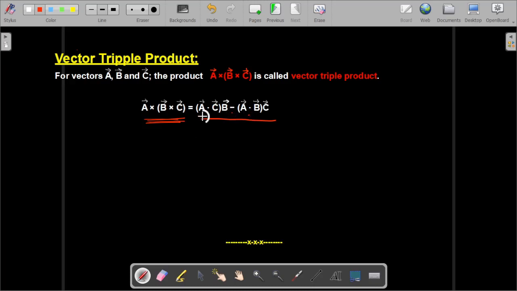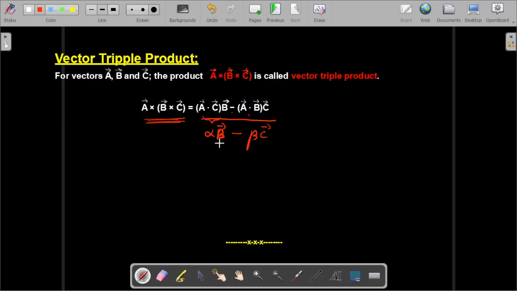Look at this. A dot C is a scalar quantity because it is a scalar product. Suppose the result is alpha, a scalar quantity, then this will be alpha into vector B. Now, suppose A dot B is also a scalar quantity. Suppose that is beta.